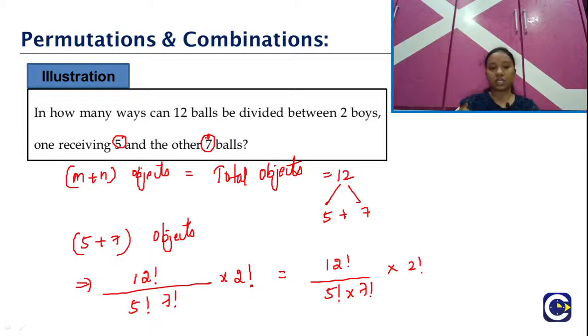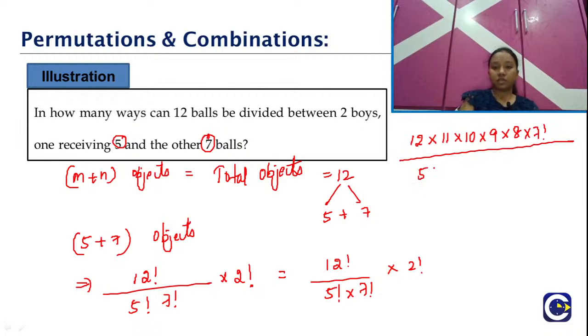So simple simplification here. Let's simplify it. 12 factorial can be written as 12 into 11 into 10 into 9 into 8 into 7 factorial.